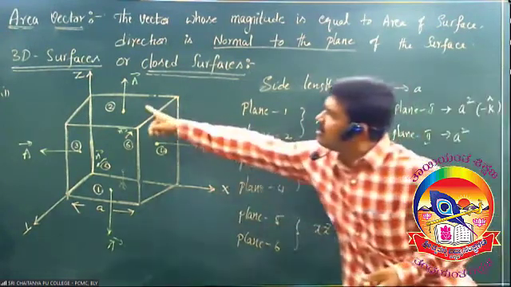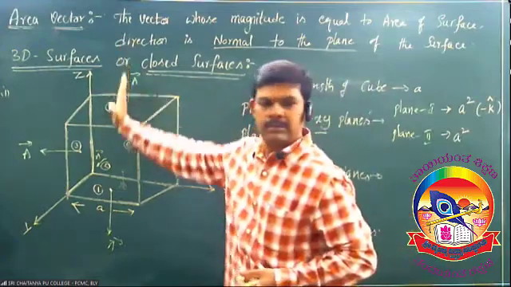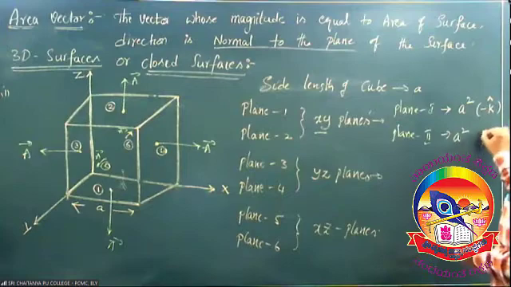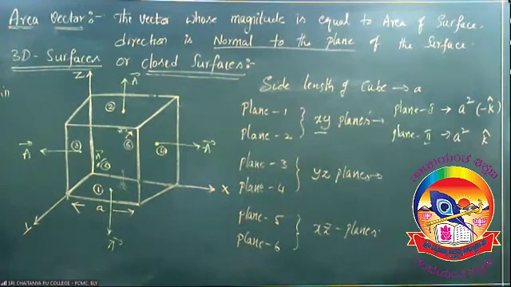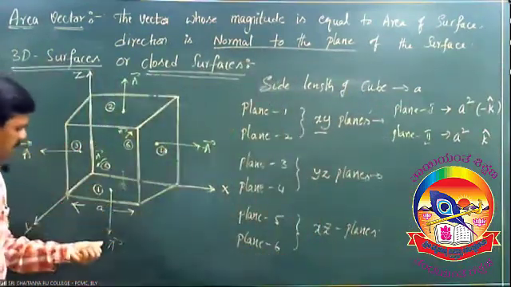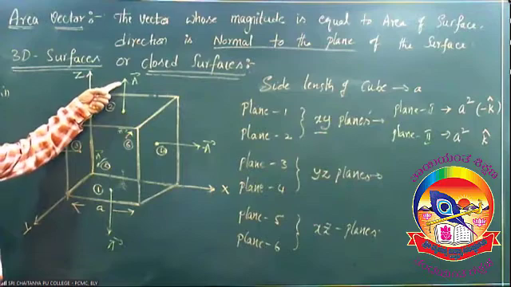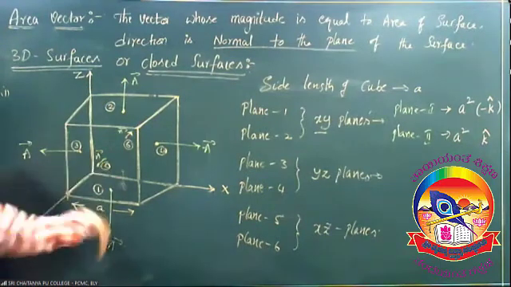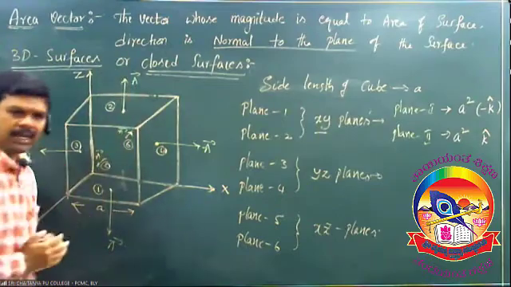For this, outward normal, k cap. Right? A small doubt you may get. Sir, why for this it is minus k cap? Why for this it is plus k cap? See here, it is downward normal, this is upward normal.